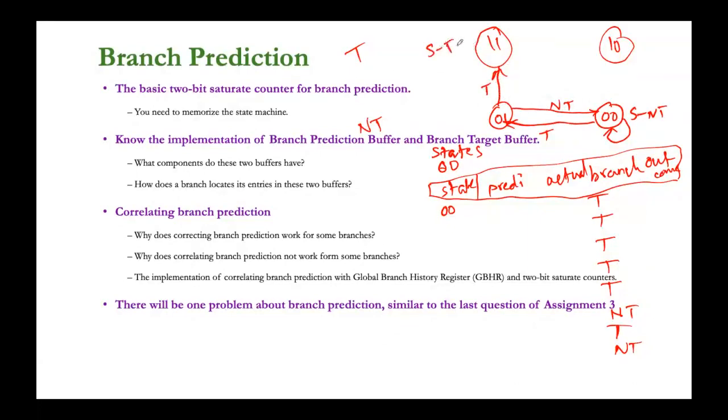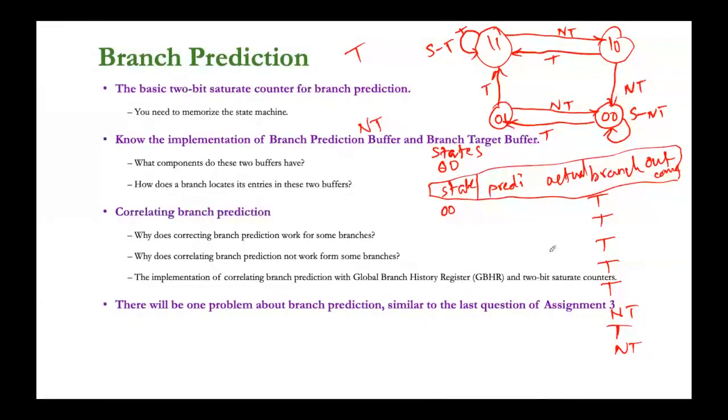If it is strongly taken and it is taken, then again it will be in the same state. If it is not taken, then it goes to the likely taken state. And if it is taken, then it will be back to this, and if it is not taken, then it will go to this. So let us see this example.